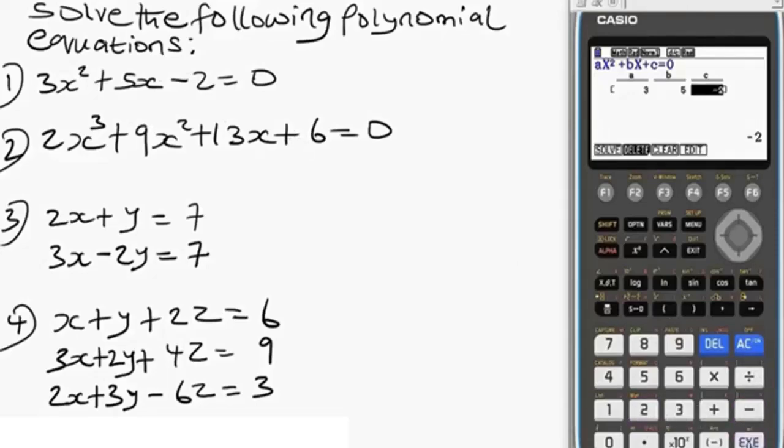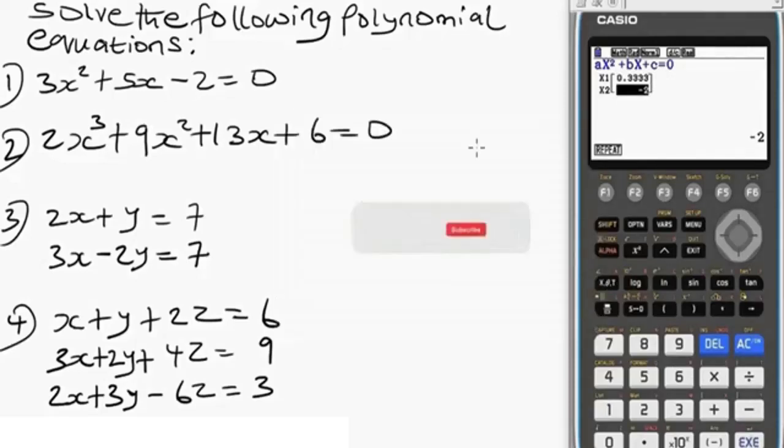Let's press execute now to get our roots of the equation. So we have the roots of the equation to be x1 = 1/3 or 0.33 and x2 = -2. So that is for this question 1. It is as simple as that.